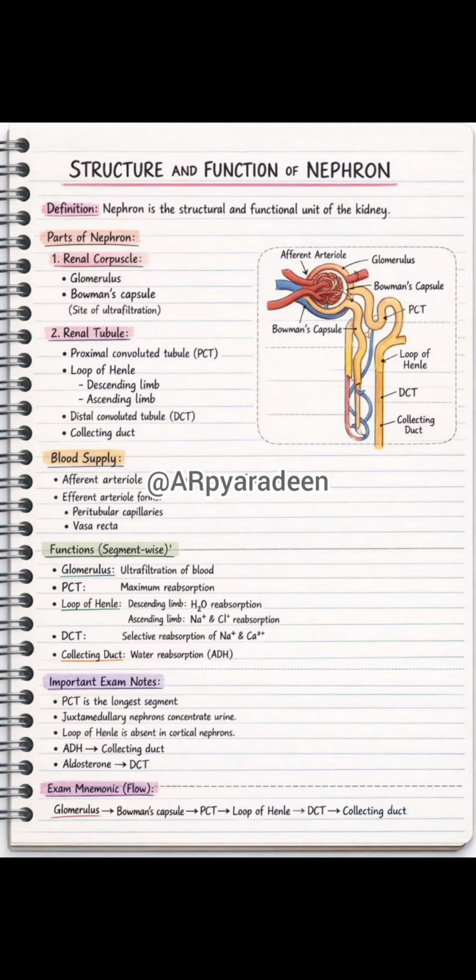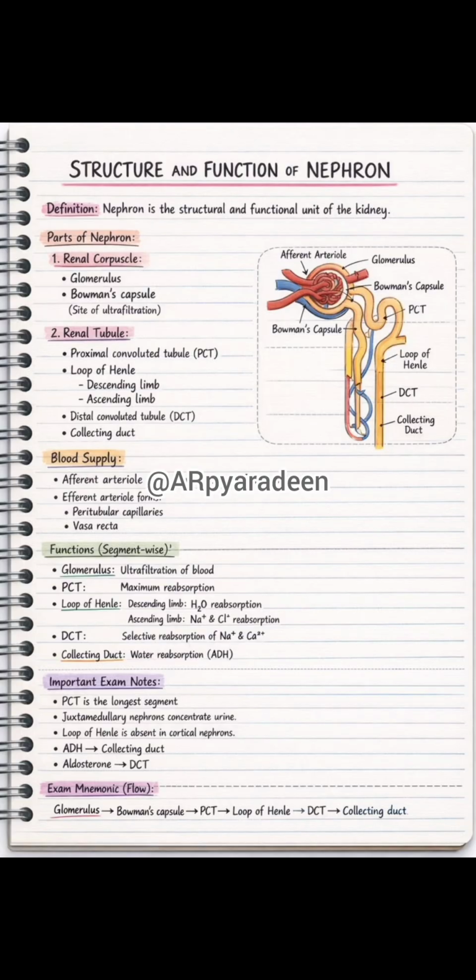It is very important for the maintenance of acid-base balance. It regulates the ionic composition of the blood. It removes poisonous substances. All of this happens in tubular secretion, that is, the DCT and collecting duct.